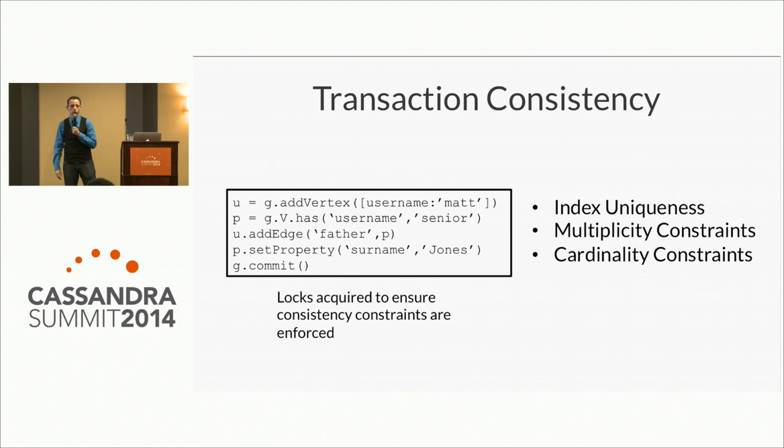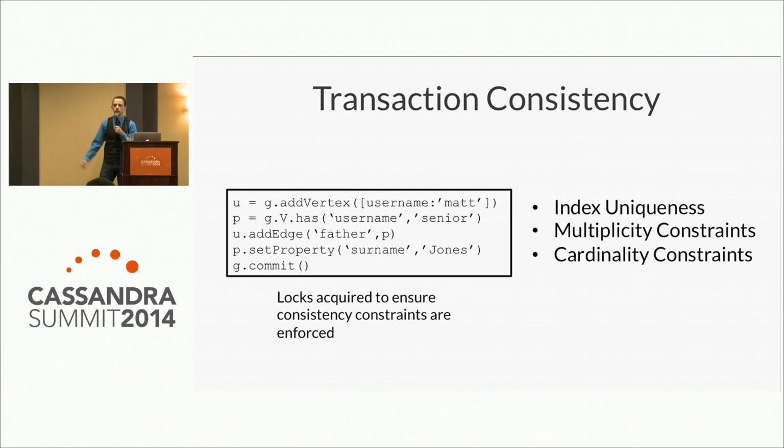It will definitely slow down your writes. But in cases like adding a user, if that transaction doesn't occur all too often, it might make sense to pay that penalty on the write side, because it doesn't impact throughput all that much, and you don't quite care whether adding a user takes 100 or 400 milliseconds. That's not going to impact your business all too much. Those are the kinds of trade-offs that Titan allows you to make.